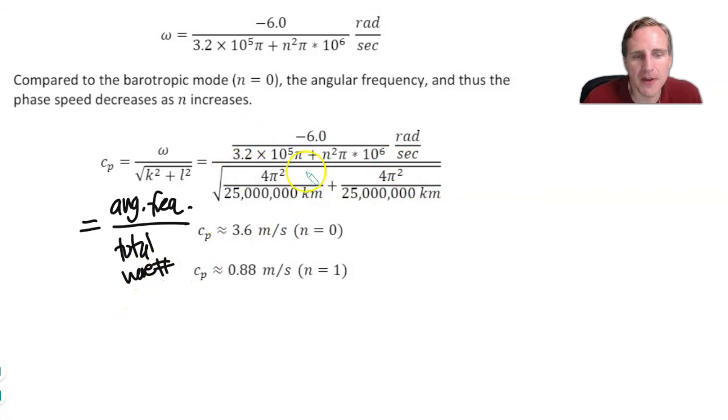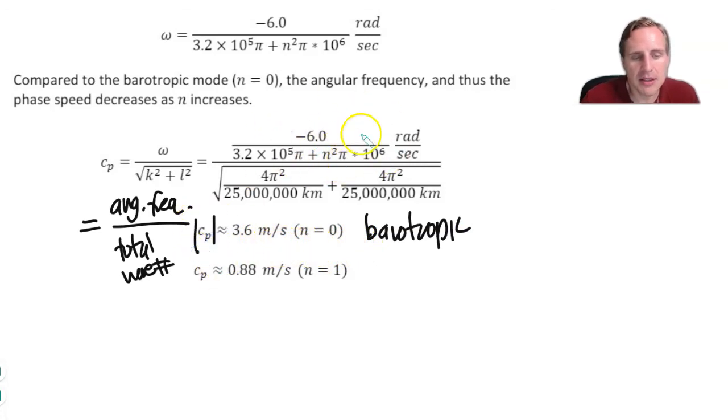So if you put the values in, and we just let this right here equal 0, then working this out you get the phase speed for the barotropic mode, n equals 0, is about 3.6 meters per second. By the way, that's the magnitude.